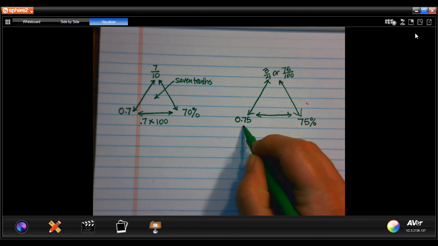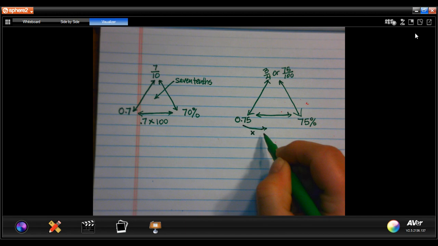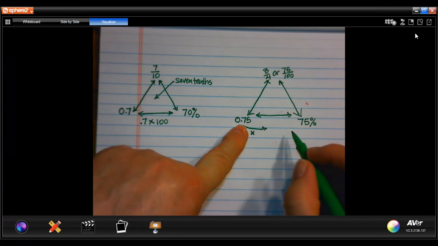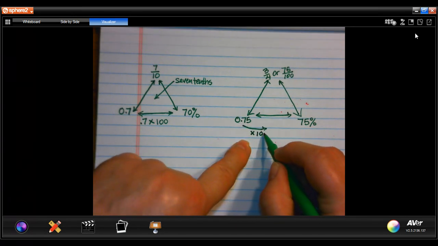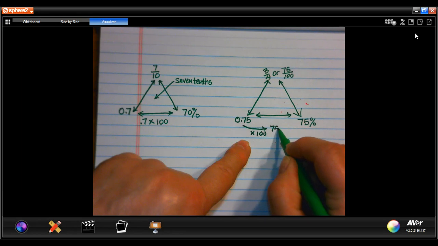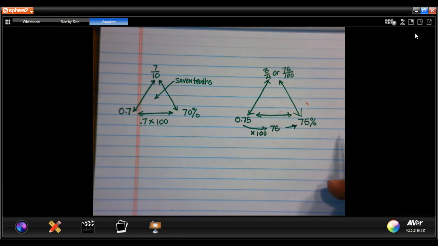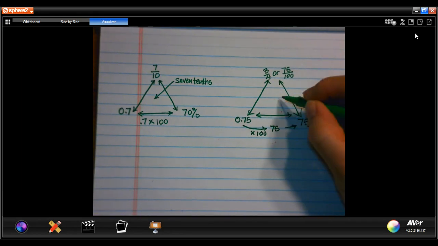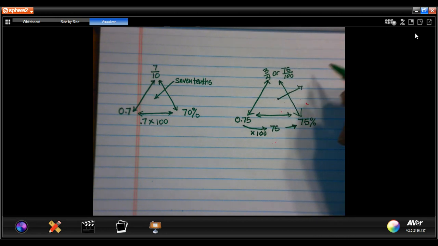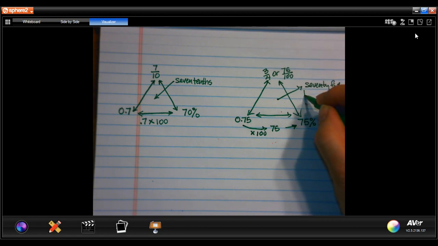I can double check that by multiplying 75/100 times 100, and that does give me 75, so I just checked my work. And then in the belly of the triangle, I'm going to write 75/100.